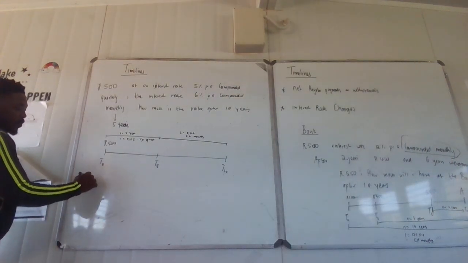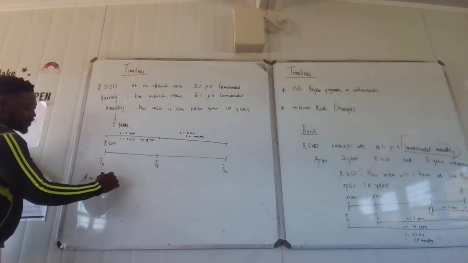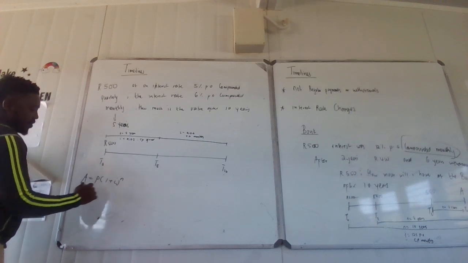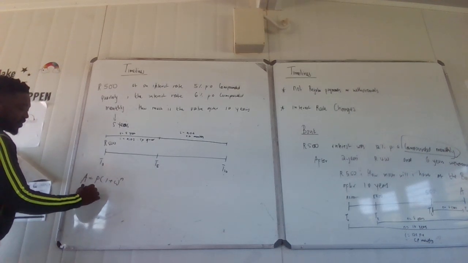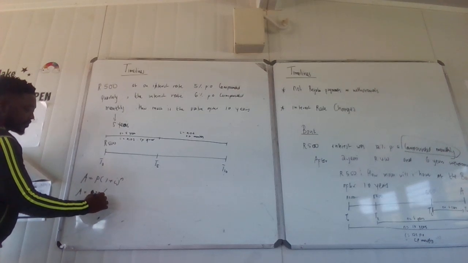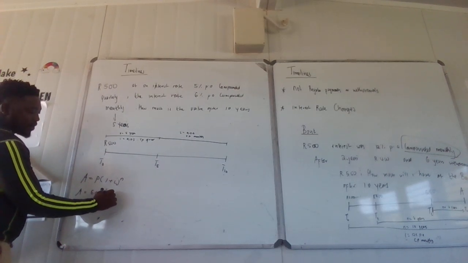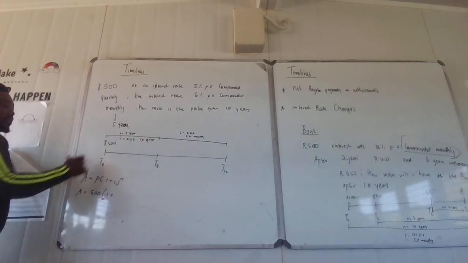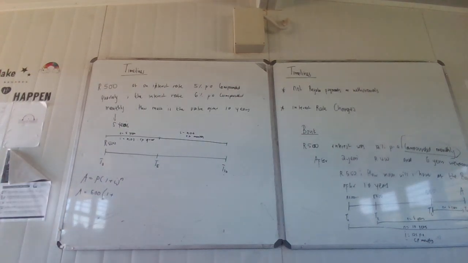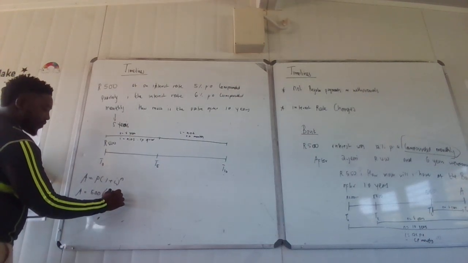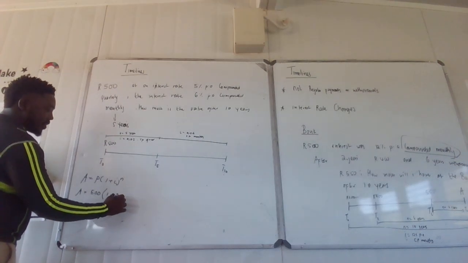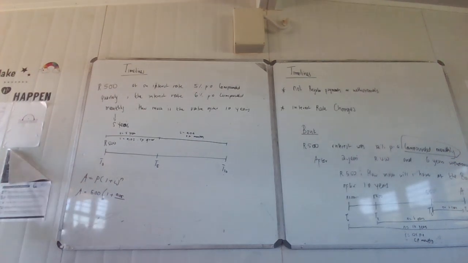Now, because it's still an investment, we'll still use this formula. Our A now will be P. What is P? 500 rand. Then 1 plus, the interest rate will be 0.05 divided by what?